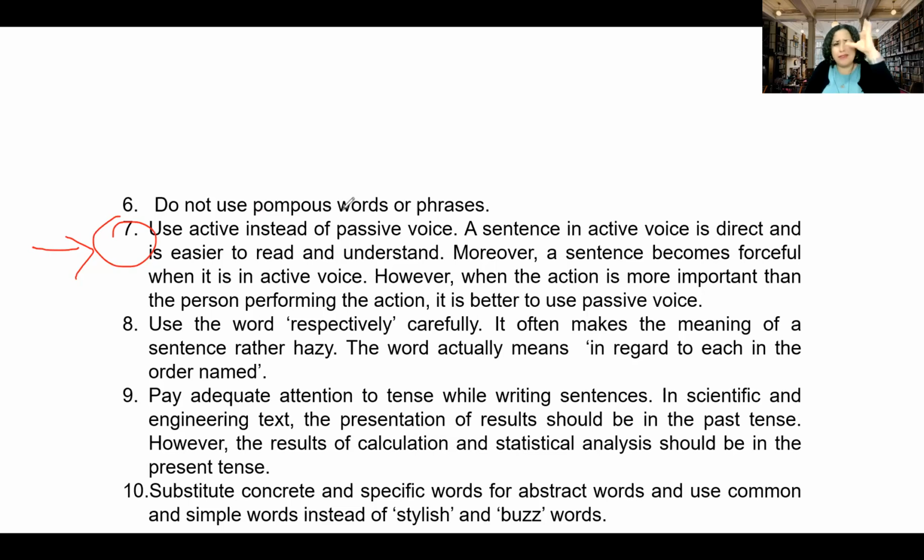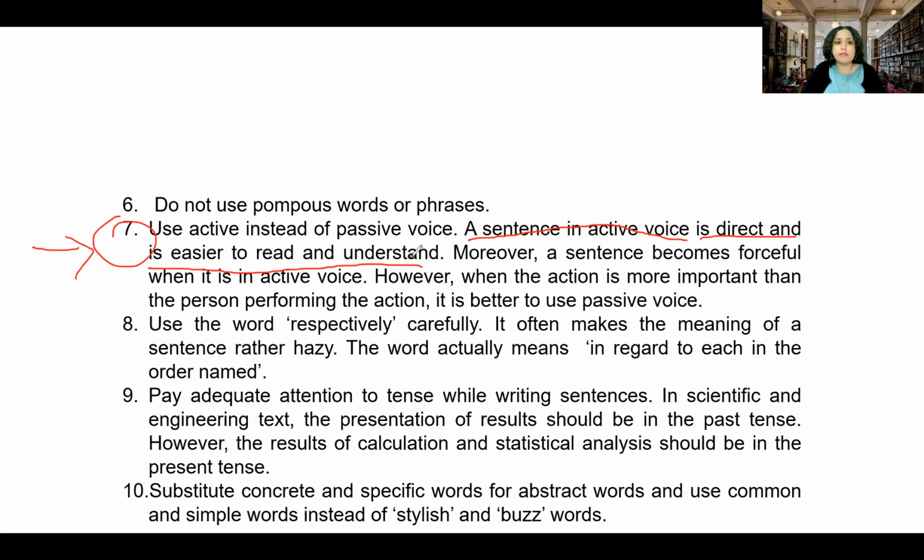Here we explain it in a very simple way. A sentence in active voice is direct and it's easier to read and understand. But this has to do with the way that you express the verbs and the nouns and of course the adjectives. So that's why I think that we should consider some time to explain that part for active voice.